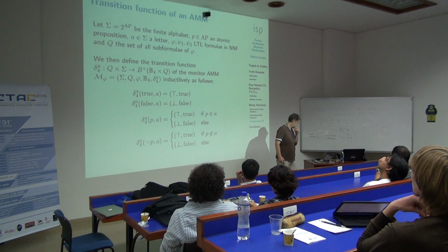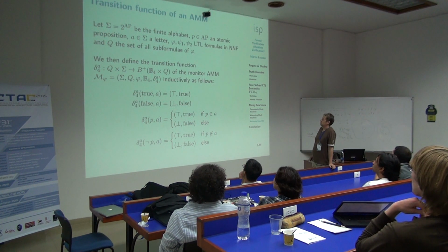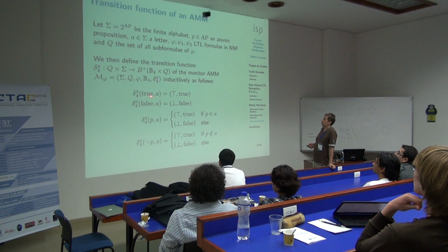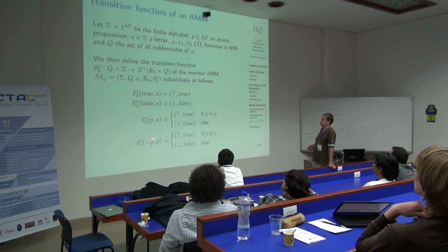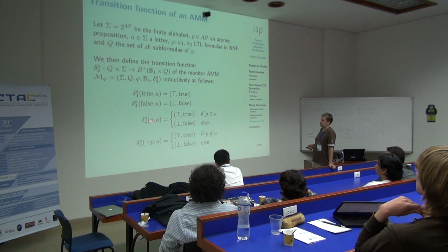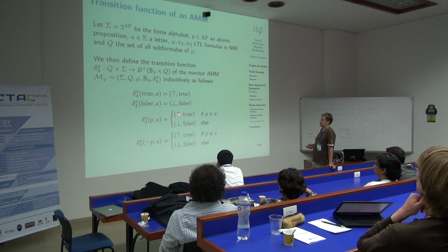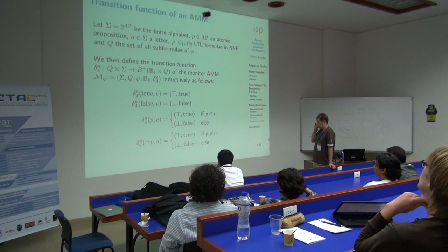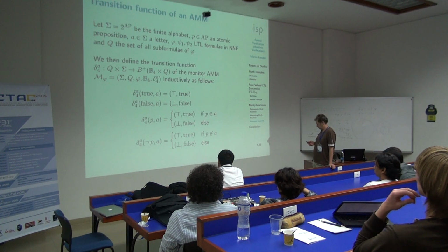Basically, if we are in state true, we read an A, we output top and go to true. If we are in state p and we read an A, we check whether p is an A. If so, we output top and go to state true. Otherwise, we output bottom and go to state false.